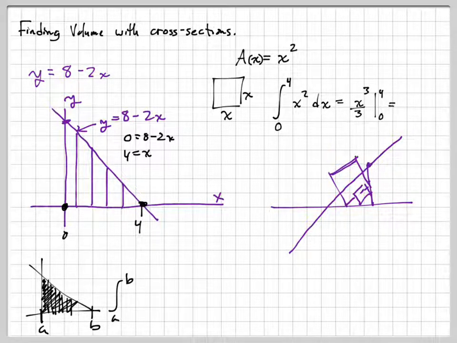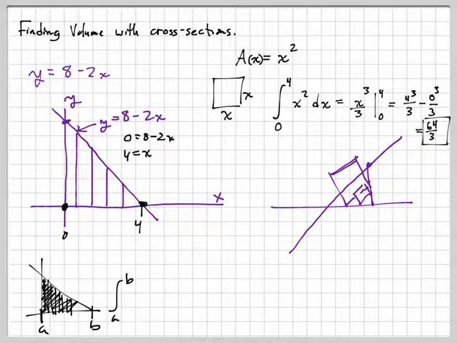We plug in 4 first. We get 4 to the third divided by 3, minus, we plug in 0. We get 0 to the third divided by 3. It just goes away. And so I get 4 raised to the third power, which is 64 divided by 3. And we're just going to leave it like that. That's your volume. We could say units cubed. It doesn't really matter unless the problem specifies the units.